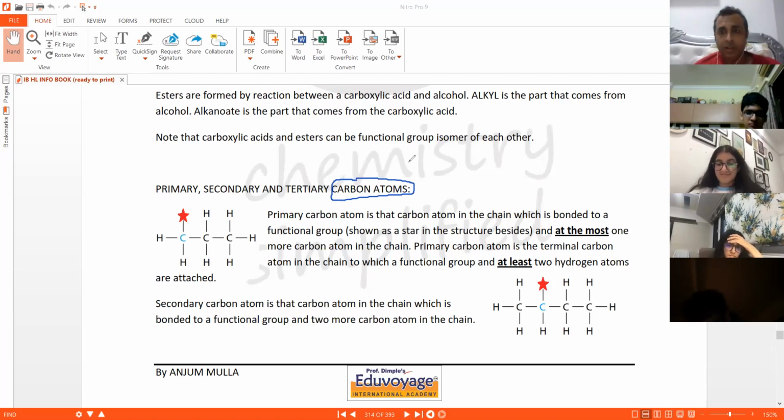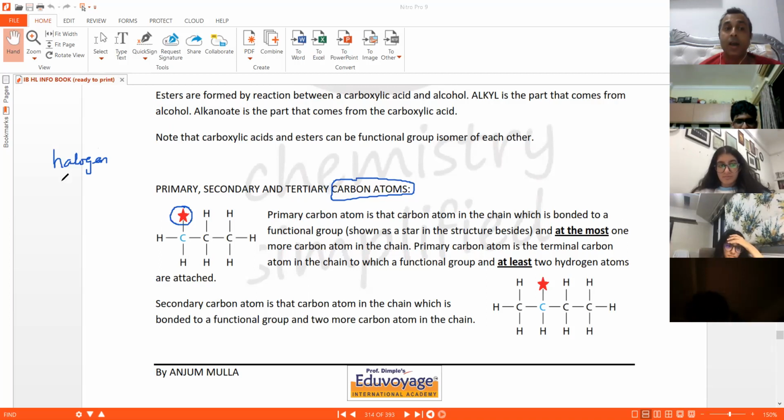In the carbon chain, if there is a substituent or a functional group, now I will restrict to your syllabus. When I'm saying substituent, I'm talking about a halogen. And when I'm talking about functional group, I'm talking about hydroxyl, which means OH, alcohols. So I'm particularly talking about halogenoalkanes. Suppose there is a Br here, then this becomes a halogenoalkane.